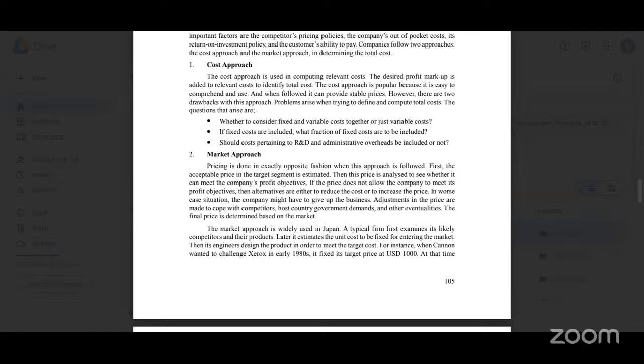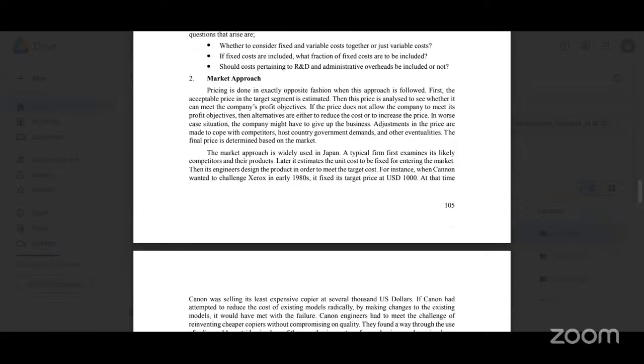Also, these are spread across multiple departments or functions in the organization. The other factor to be considered is should costs pertaining to R&D and administrative overheads be included or not in the cost approach.